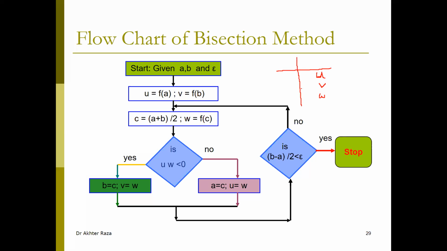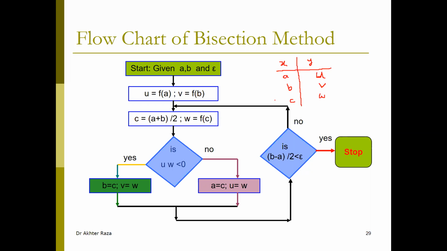And we have x coordinates too. The first x coordinate is a, and the y coordinate is u. The second x coordinate is b with its function value, and the third coordinate is c. So these are the x values and these are the y values on the y-axis. So now the product is checked.